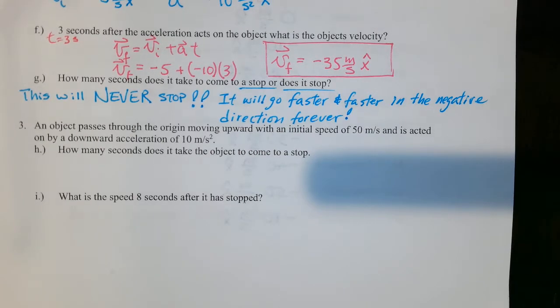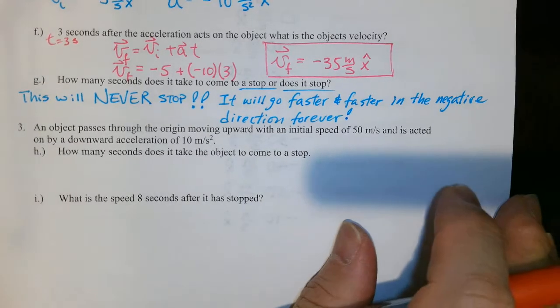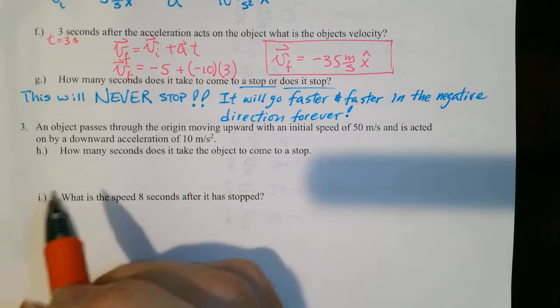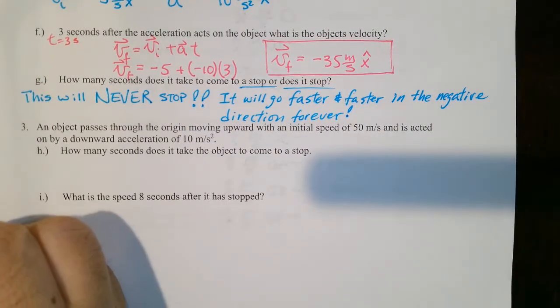Then, number 3, an object passes through the origin moving upward with an initial speed of 50 meters per second. So an object is moving through an origin. So this is the origin.